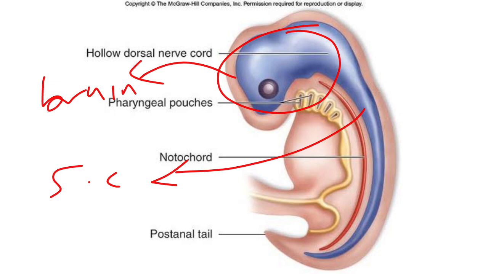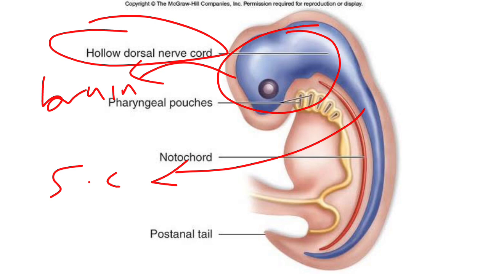Now, this hollow dorsal nerve cord is formed by the ectodermal infolding. You understand? Infolding of the ectodermal cells on the dorsal side of the body above the notochord.